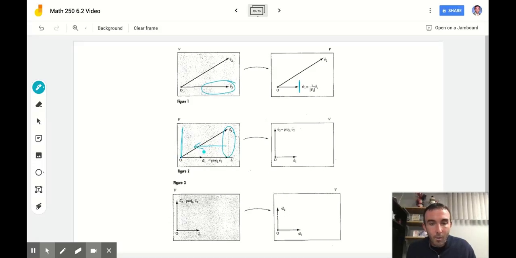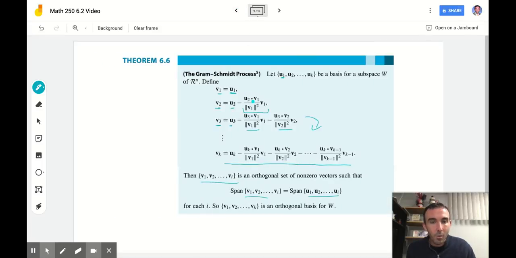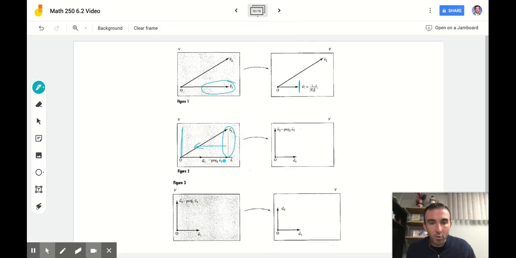And that's how we orthogonalize. So we're just going through this process of finding a projection, and we spoke about the projection aspect in the 6.1 video using this type of setup. So we find the projection, and then we subtract that off of the original vector, and we divide by the norm.